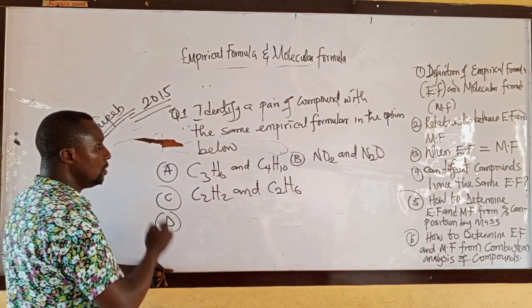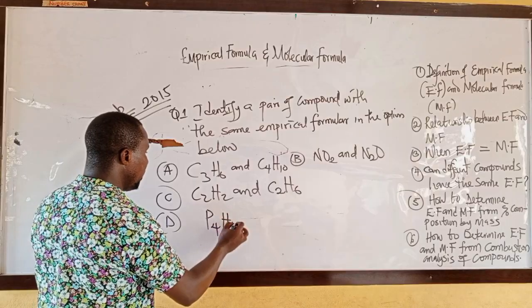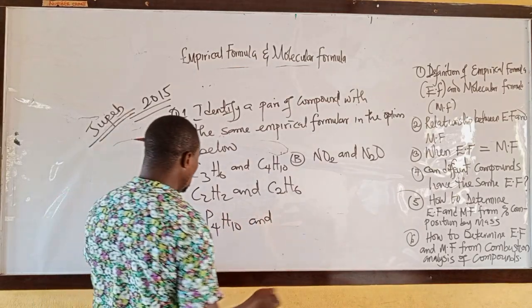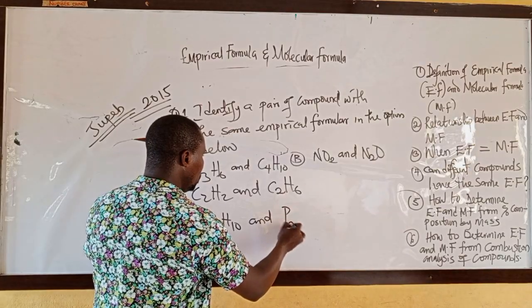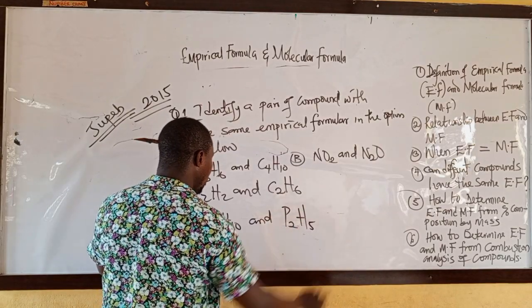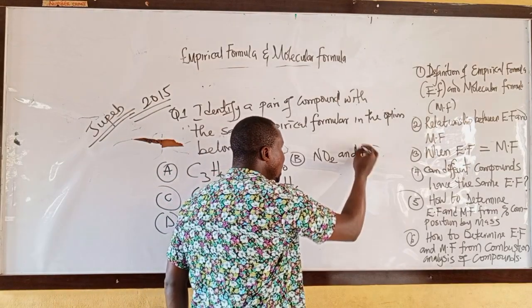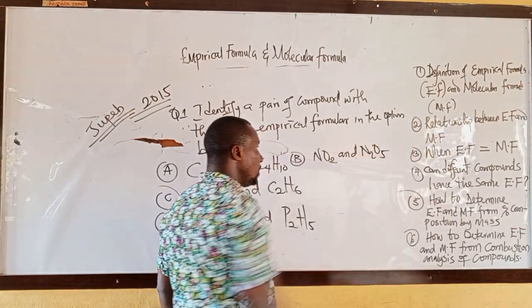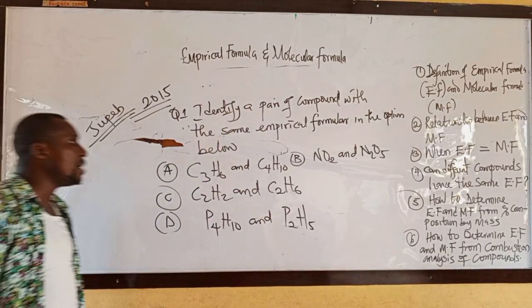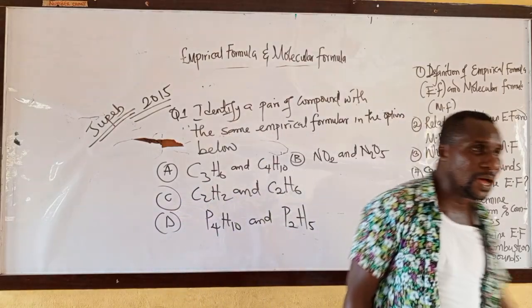Option D, we have P4H10 and P2H5. Let me change this one to N2O5, please. They say identify a pair of compounds with the same empirical formula.